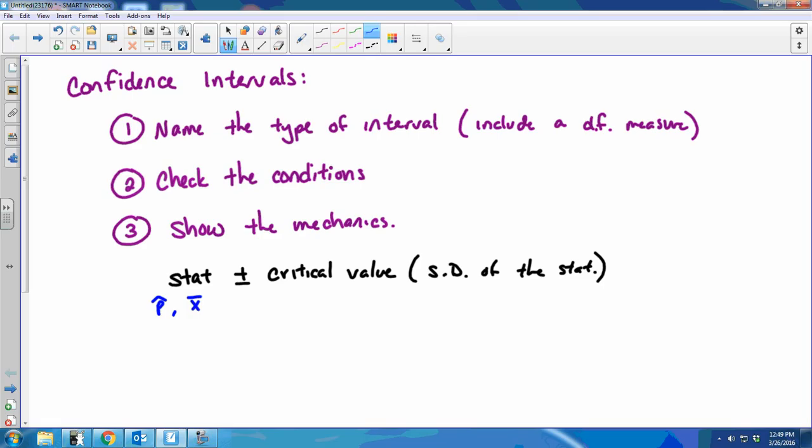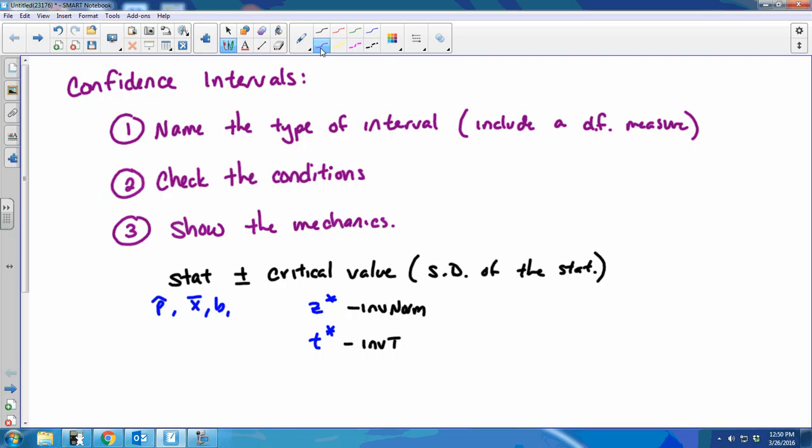Maybe the slope, things like that. Critical values are your z star and t star that you find using inverse norm and inverse t. Those are your critical values. And then the standard deviation of the statistic is whatever standard deviation goes along with your statistic, and all of those are on the AP formula sheet.